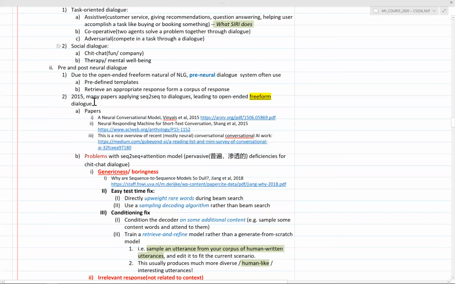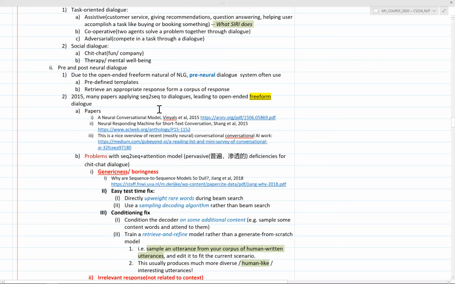When solving this problem, there is a pre-neural and post-neural dialogue time. In the pre-neural dialogue systems, people mostly used predefined templates, and retrieved an appropriate response from a corpus of responses.